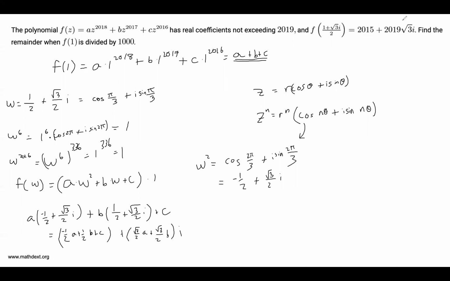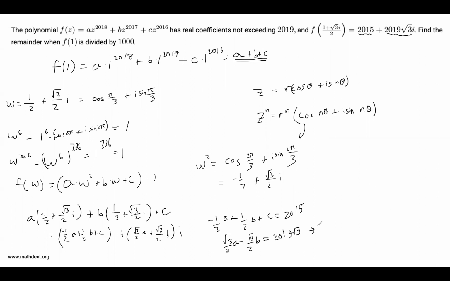We have that this quantity is equal to 2015 plus 2019 square root of 3 i. So what do we have? Since a, b, and c are all real, we have negative 1/2 a plus 1/2 b plus c is 2015, and square root of 3 over 2 a plus square root of 3 over 2 b equals 2019 square root of 3.